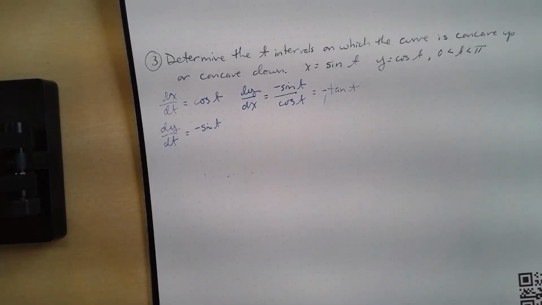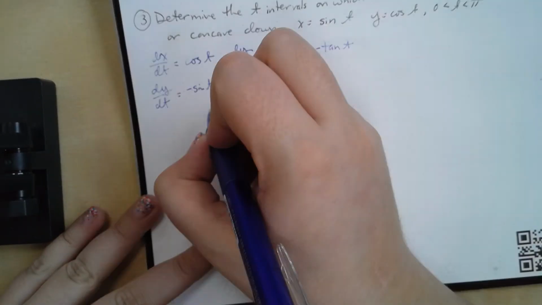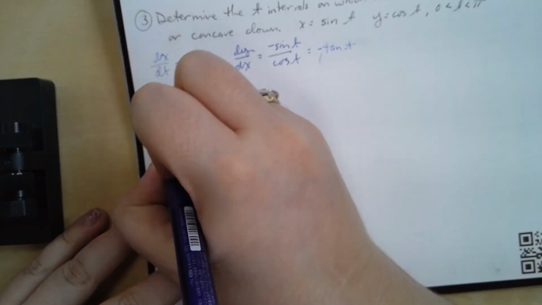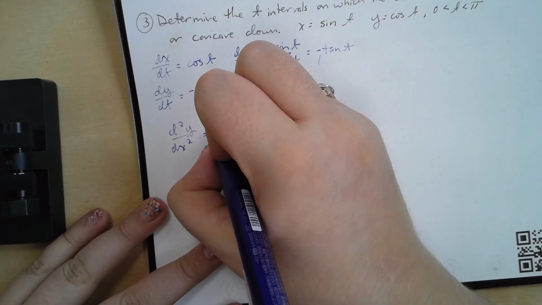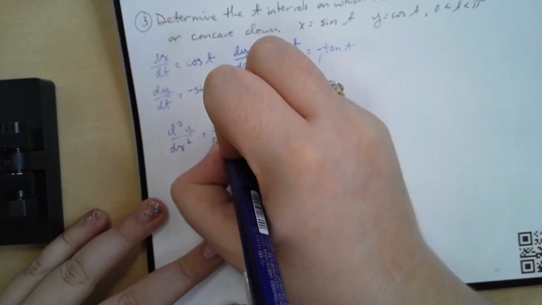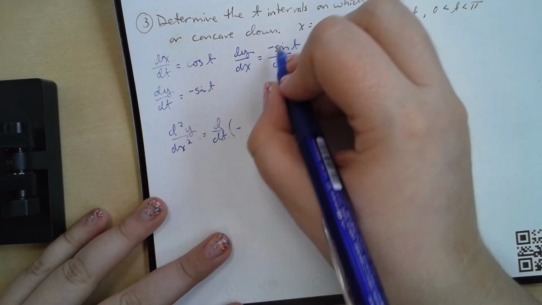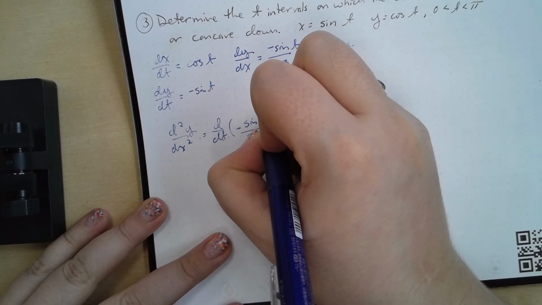Now we actually need to find our second derivative. D squared y over dx squared is equal to the derivative with respect to t of our first derivative, which here is negative sine of t over cosine of t, divided by our derivative with respect to x.